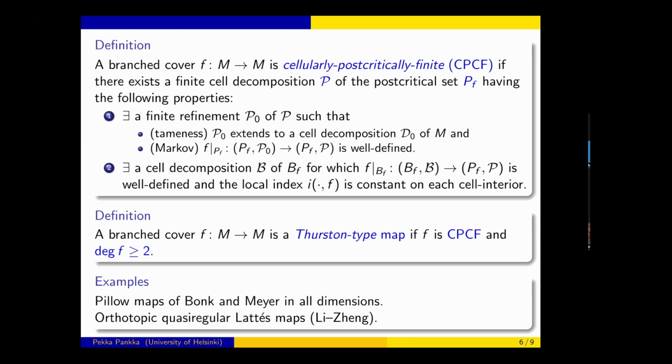Suppose for example in 3 dimensions you have 2 axes which are intersecting, and you wind around one axis and wind around the other axis, and you notice that at the origin the winding is going in 2 different directions, and that affects the local degree and all these things.